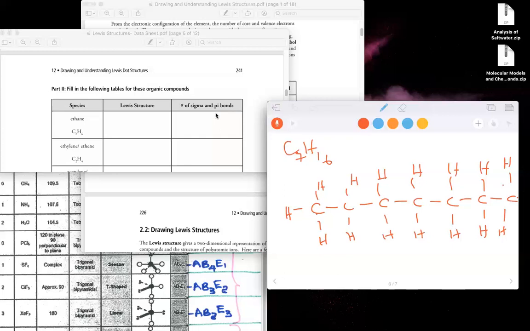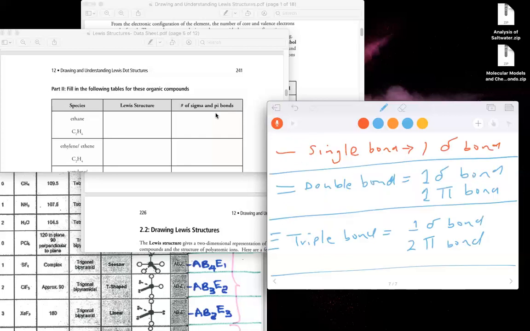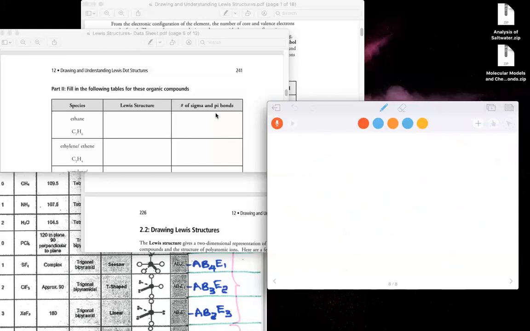Now, in terms of alkenes, let me go back to add another page. In naming of organic compounds, the ending tells you whether there is a double bond. If it ends in -ane, we call these alkanes, and they have single bonds.